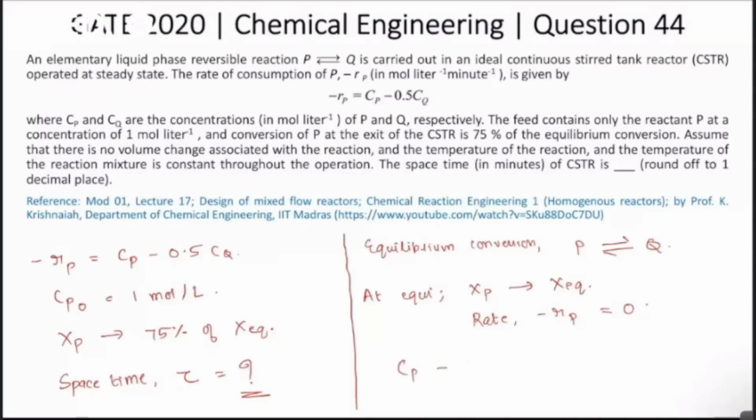So we'll use this to find the equilibrium concentration. Let us equate the rate equation to 0. So Cp minus 0.5 Cq is equal to 0. Then we can solve this equation and find the equilibrium conversion. Rearranging, we get Cp by Cq is equal to 0.5.